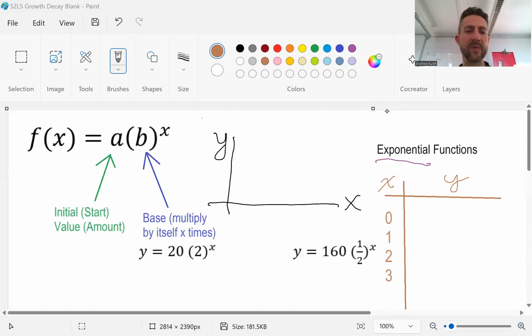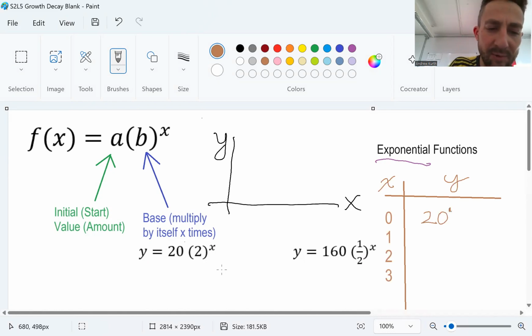All right, so last round we looked at decay. So now let's look at this other function here, where we start with 20. Remember, if there's no exponent, that means it has an exponent of 1. And then multiply that 20 by 2 raised to the x power.